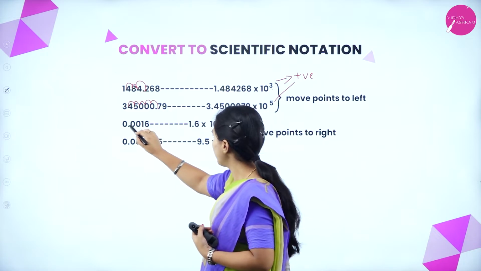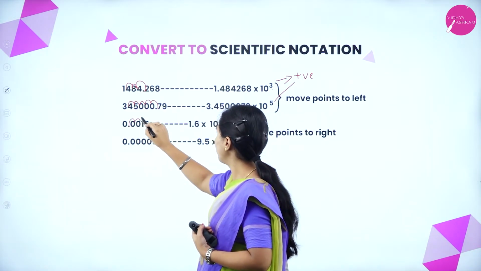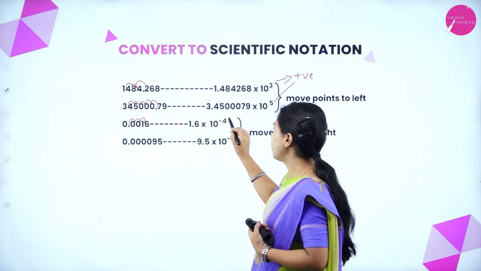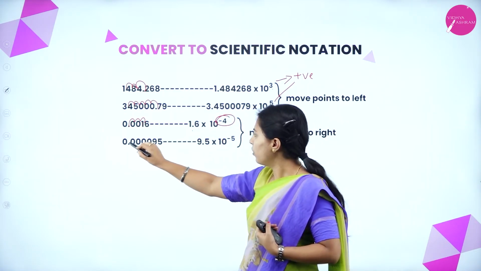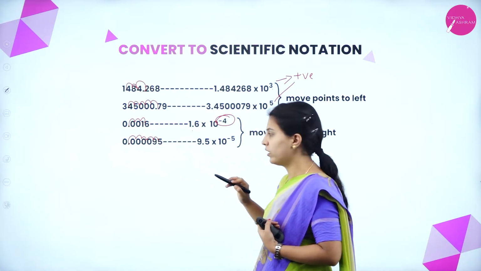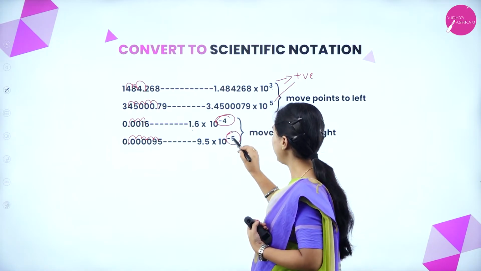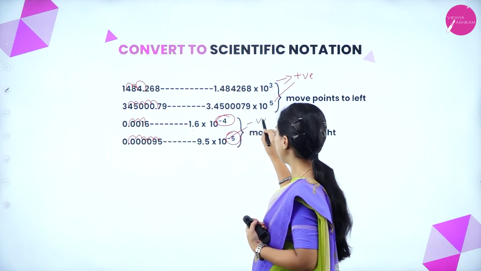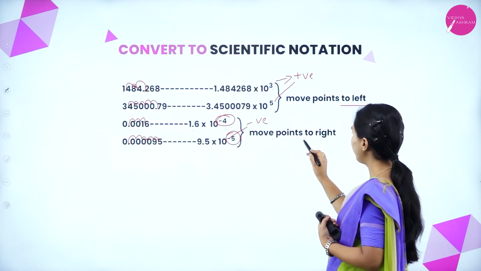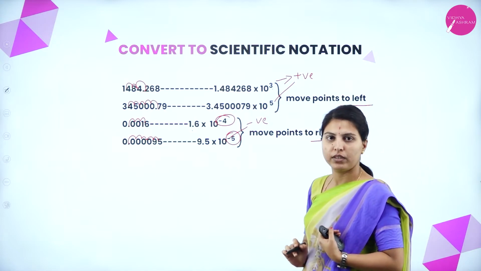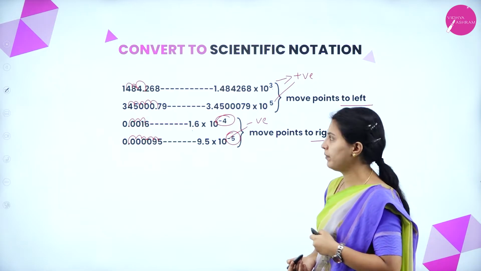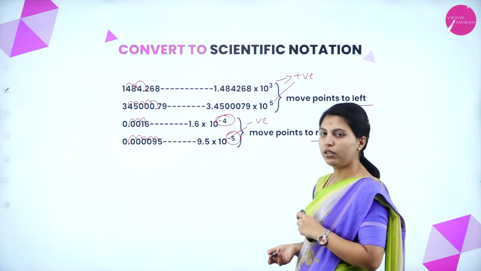If the decimal is moving towards the right, 1, 2, 3, 4, 5, like that, you will get 1.6 into 10 to the power of minus 5, you will get a negative sign. If it is moving to the left, positive. If it is moving to the right, negative. You have to notice whether the decimal is going towards right or left. This is the way to convert to scientific notation.